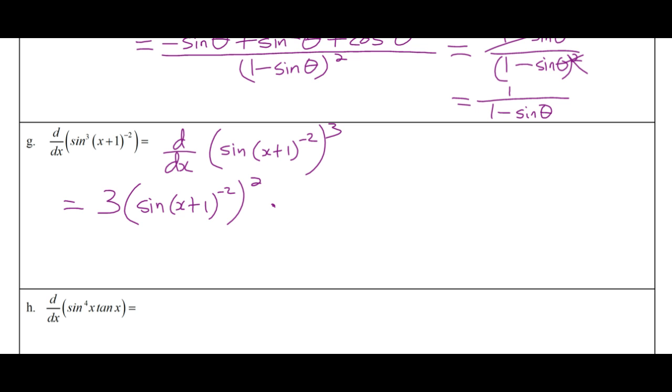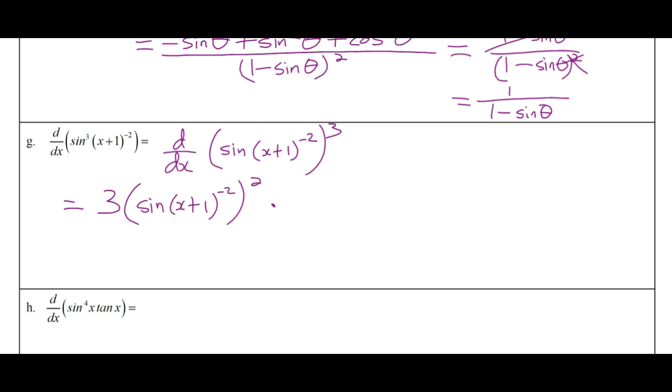And what's the derivative of the inner function? Like chain rule within chain rule. Let's just chain rule within chain rule a couple of times. Okay, so here's my function rewritten. Here's the derivative of the outer: 3 times whatever's in there squared, times the derivative of the inner function, which is the sine of x plus 1 to the negative 2. So we're now applying chain rule again.